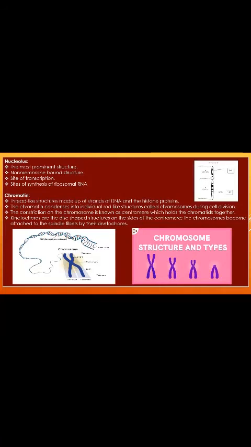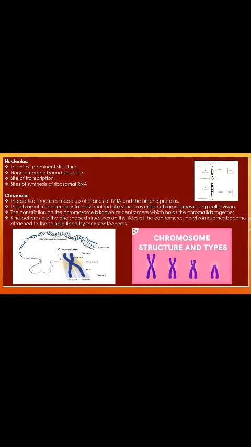Nucleolus is the largest structure in the cell nucleus. Nucleolus is the nuclear subdomain that assembles ribosomal subunits in eukaryotic cells. Nucleolar organizer regions of chromosomes which contain the genes for pre-ribosomal RNA serve as the foundation for nucleolar structure.